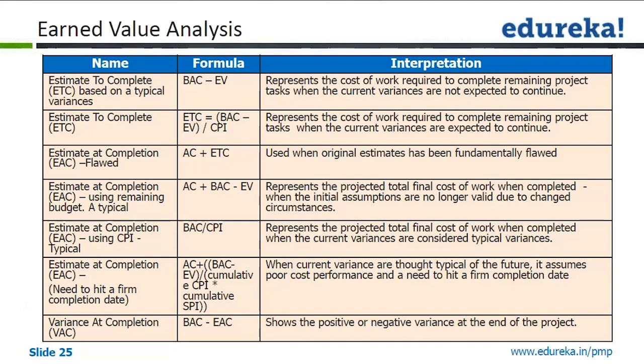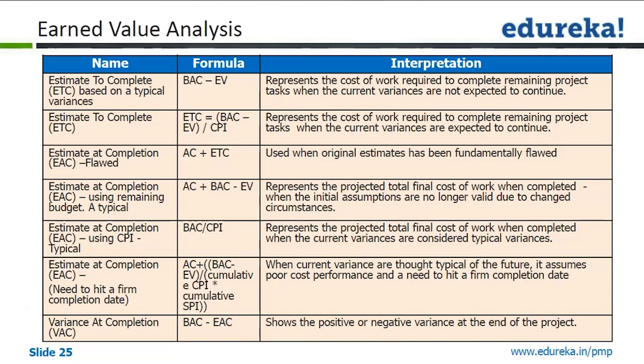So it represents the cost of the work required to complete remaining project tasks when the current variances are not expected to continue. So BAC minus EV means that whatever is left minus earned value, which means that the rest of the project will go as per plan. Then you use the formula BAC minus EV.